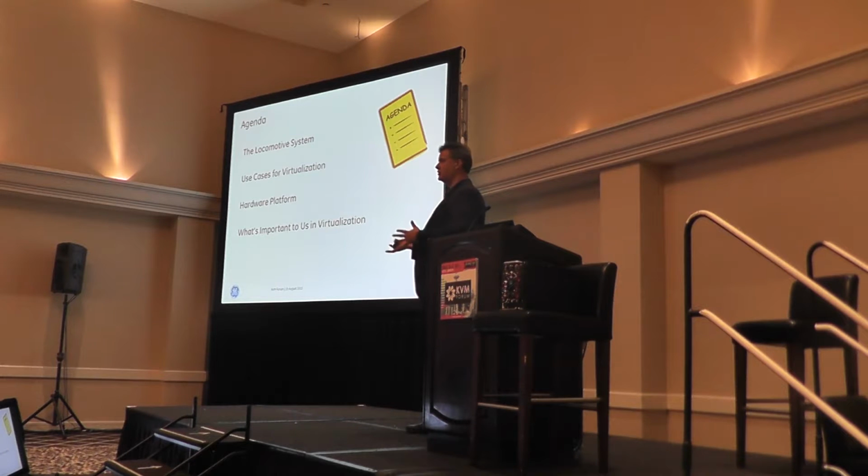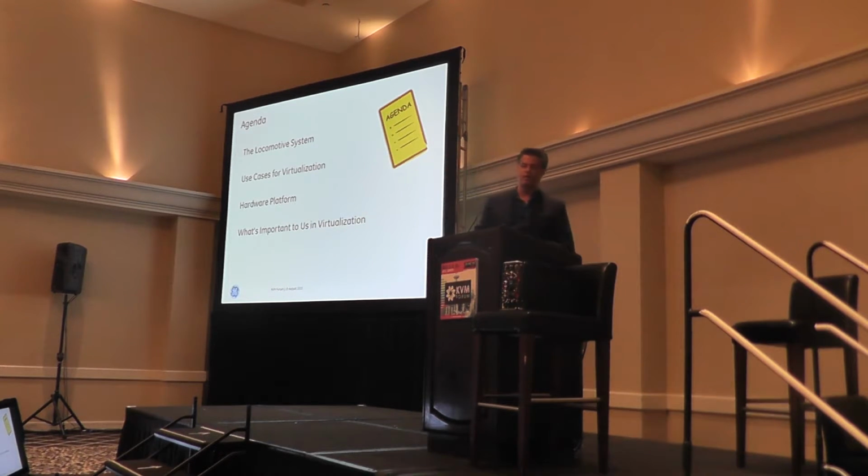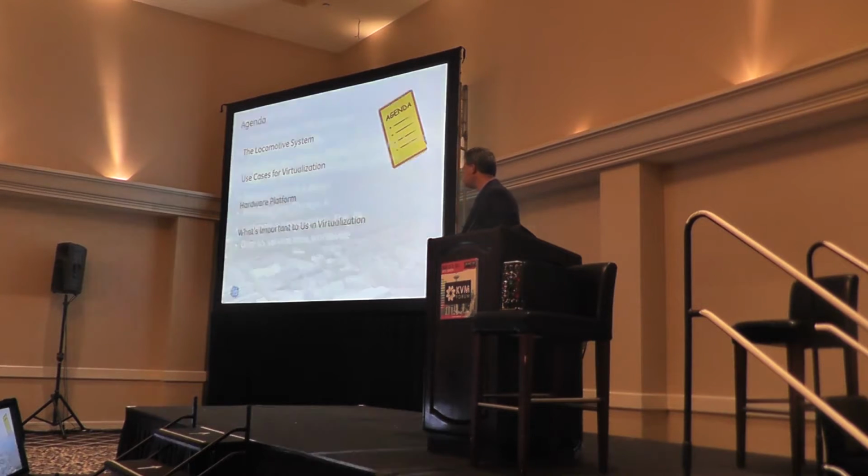So things like 32 gigabytes of RAM, it's like, no, we have much, much less than that. So I do want to talk about that a little bit. And then finally, wrapping things up is what we as end users at GE feel is important to us in virtualization. A lot of that I'll talk about during the presentation, but this will be a nice wrap-up at the end to tie it all together.